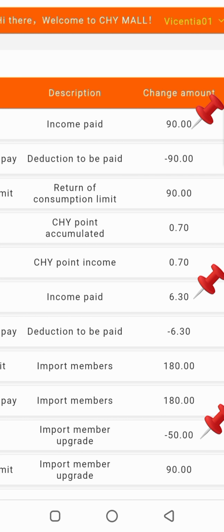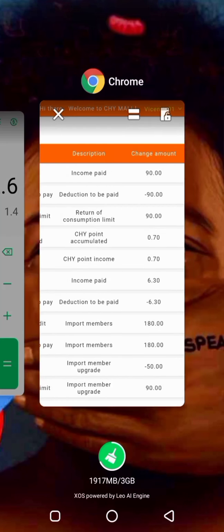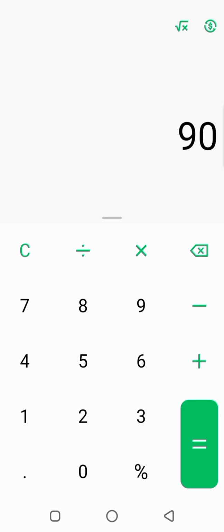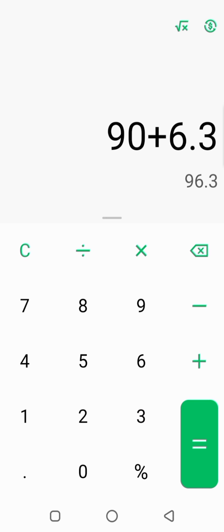That was when my account was credited and the company took their 90%. So that's the 6.30. I have paid the 90 plus the 6.3 the company deducted. So already I've paid 96.3.